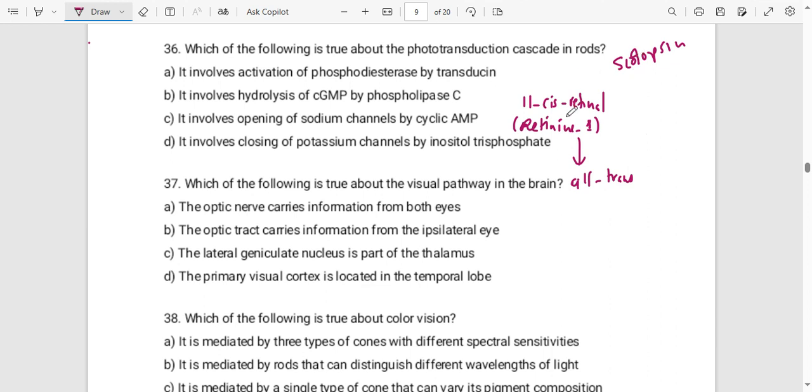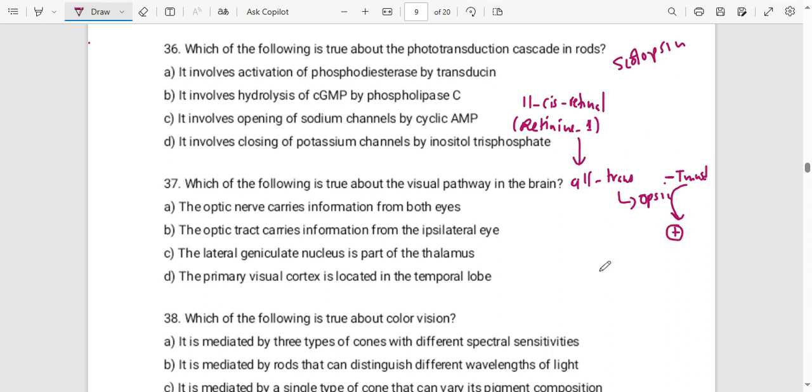And when that conformational change happens, the opsin that has changed conformation is now going to get the transducin. Transducin here is inhibited; it's now going to be stimulated. It's going to be activated by opsin, which has changed conformation.